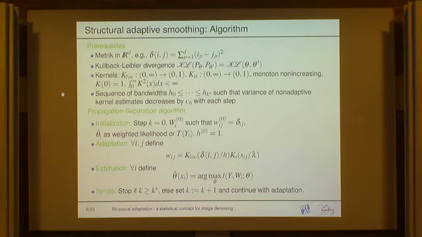Okay, so this leads to an algorithm which depends on prerequisites: a metric in R^d, and Kullback-Leibler divergence in order to measure the difference between probability distributions with different parameters. For the kernels, we assume that they are defined on a positive axis.